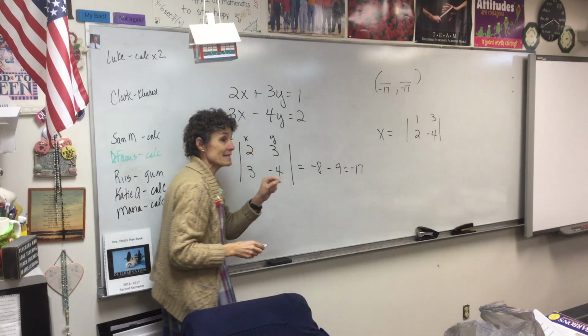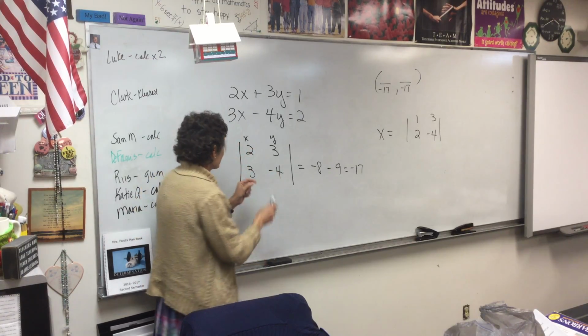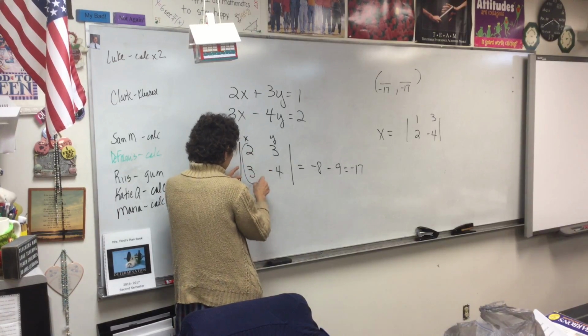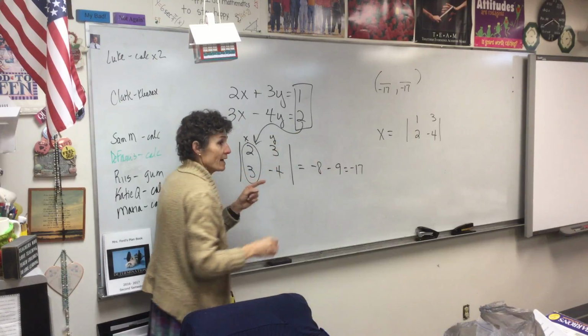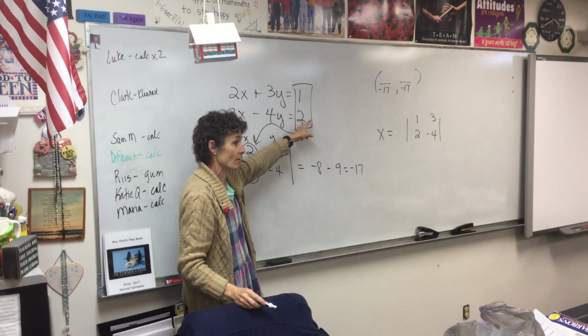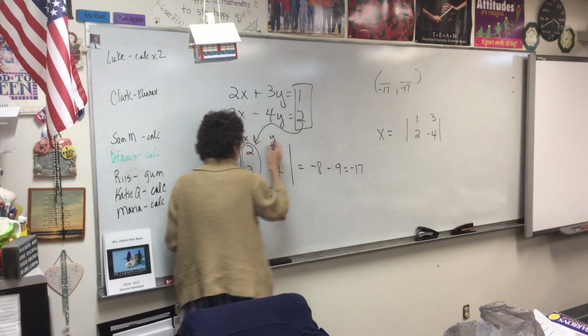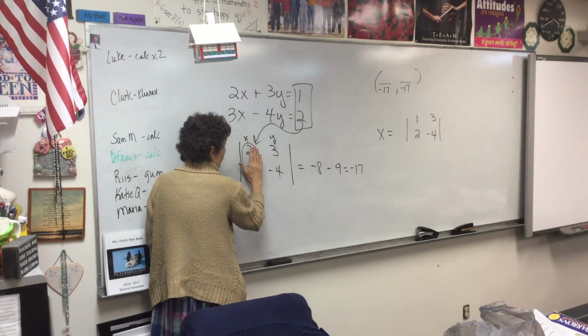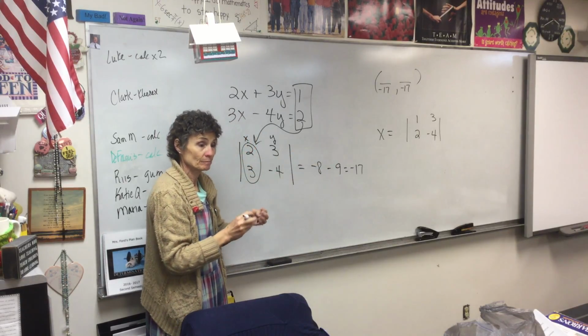When I am finding the x numerator, I take out the x's and replace them with the constants. These are called the constants. They don't have any letters attached to them. So I simply take the 1 and the 2 and paste them right on here. So that becomes my new determinant.